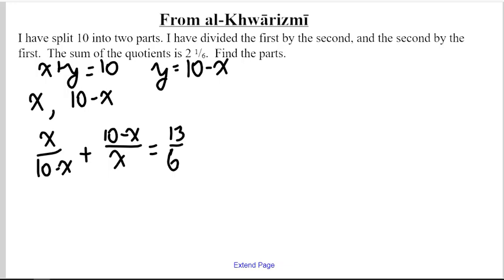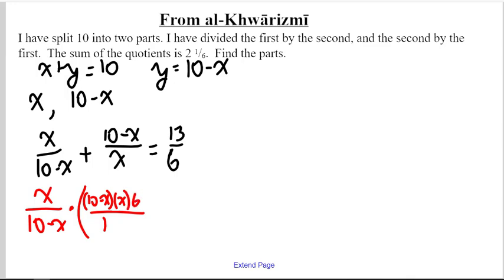Now, the fractions, that's a ton of work there. I don't want to deal with that. So I'm going to multiply everything by all the denominators. So if this is x over 10 minus x, I'm going to multiply it by all the denominators. That's 10 minus x, x, and 6.